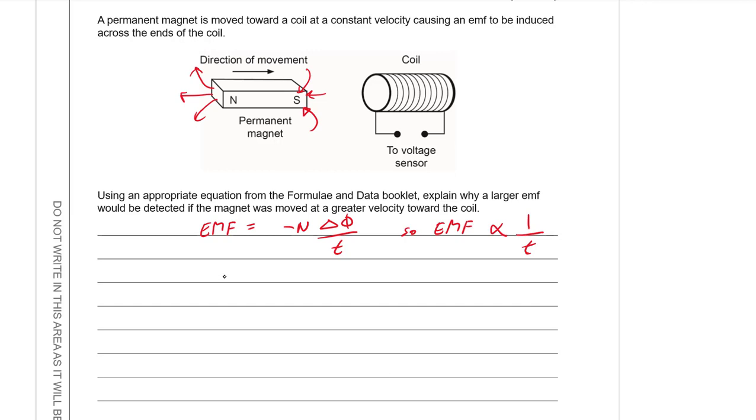So we want to mention that since the number of turns in the coil is the same, and the change in flux is also the same, because we're not going to increase or decrease the amount of flux lines that that magnet is dishing out. But we're increasing velocity, right? So if we're increasing the velocity, that'll result in a decrease in the time for that change in flux to occur.